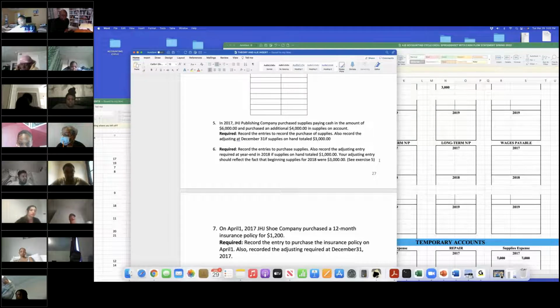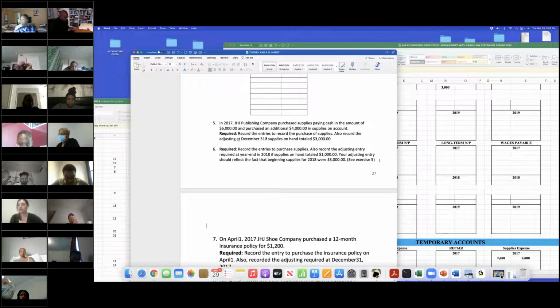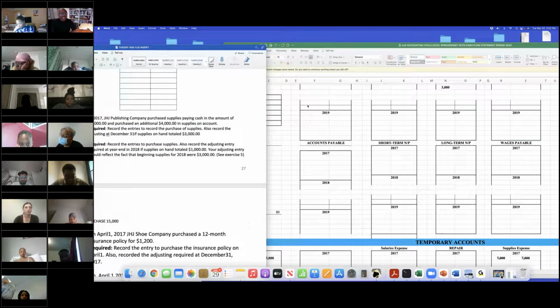Was it a cash purchase or what kind of purchase was it? Purchase for supplies of 15,000. It's a cash purchase. So what's that journal entry going to be? So for supplies you're going to debit 15,000, and for cash you're going to credit 15,000.